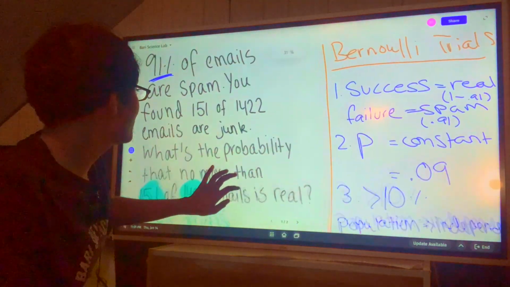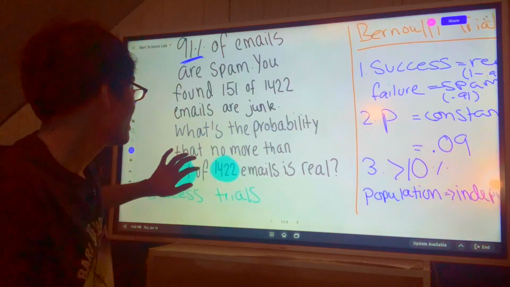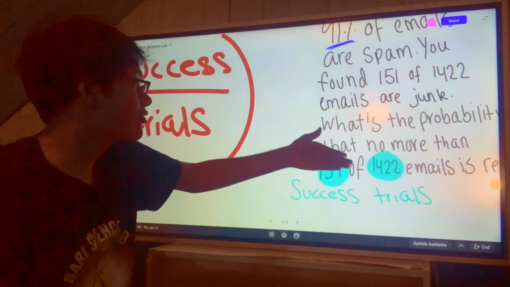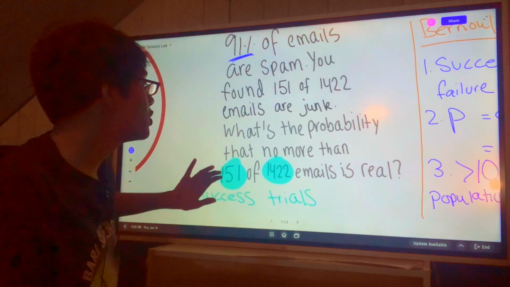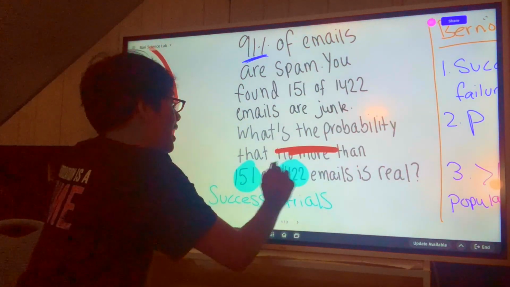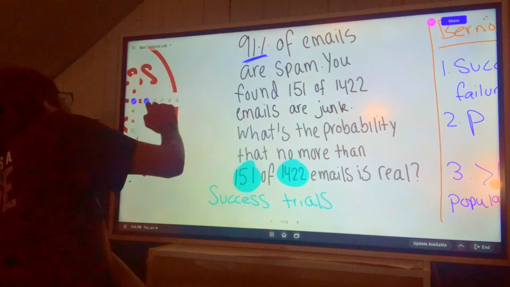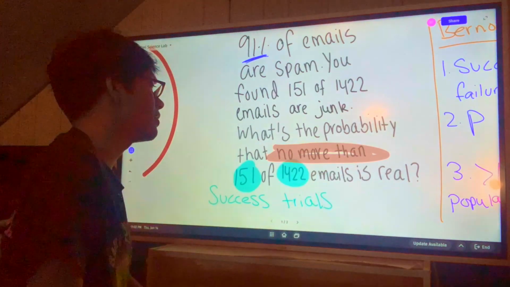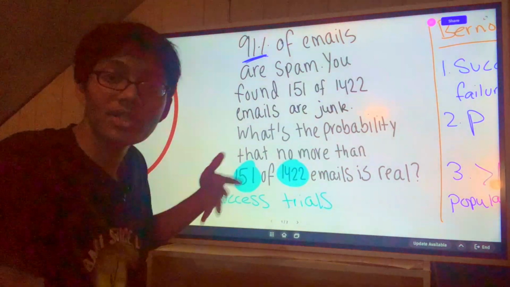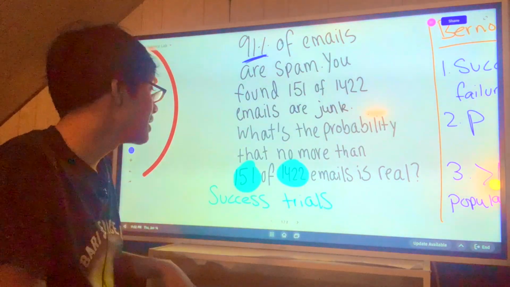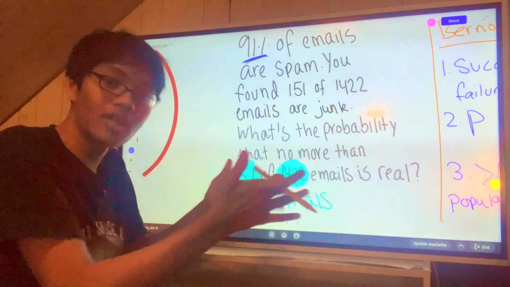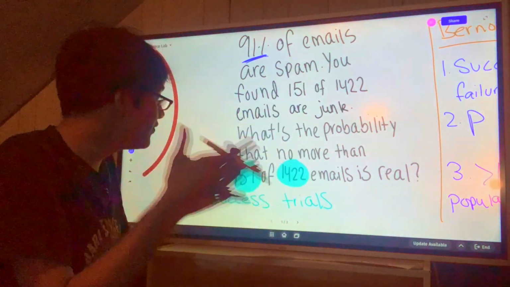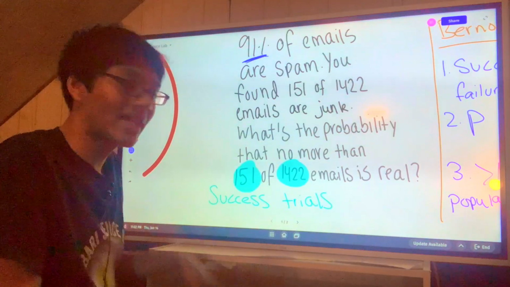Now, with that being said, how do we start answering this question? Well, when you have such a large number of trials, 1422, and you're being asked an interval-like question, that no more than 151 emails are real, it's really hard to answer using binomial models, because you'd have to answer the question for 151 successes, 150, 149, all of that.